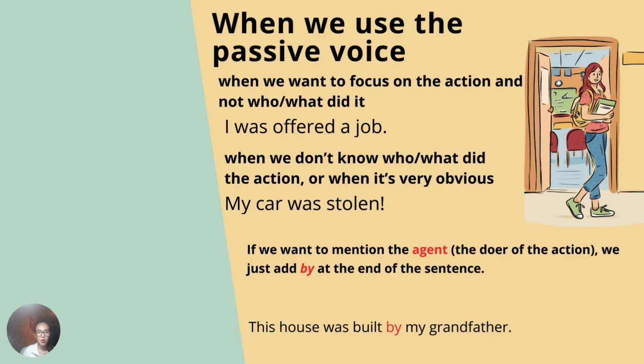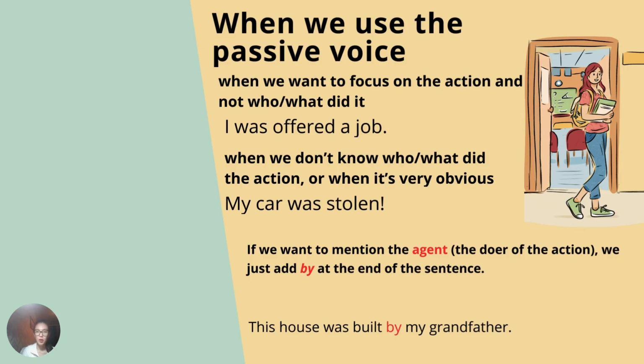If we want to mention the agent, the doer of the action, just add the preposition by at the end of the sentence. For example, this house was built by my grandfather. Passive voice is used to emphasize the action being done to the subject rather than the subject performing the action.